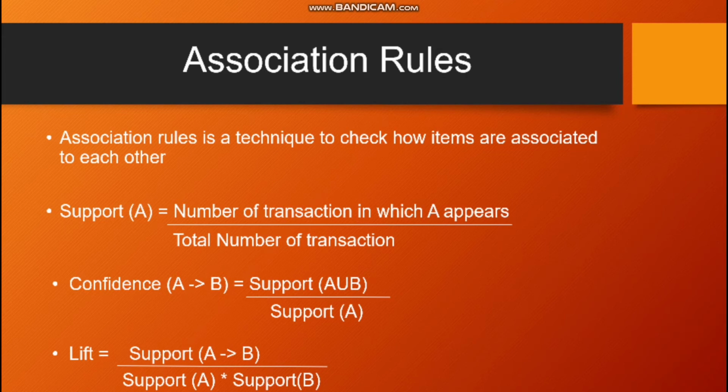After that we have a concept called lift. Basically lift is used to calculate how likely item B is purchased when item A is purchased. It is the same as confidence, but the formula to calculate lift is support of A union B upon support of A into support of B. So that's how the association rule works.